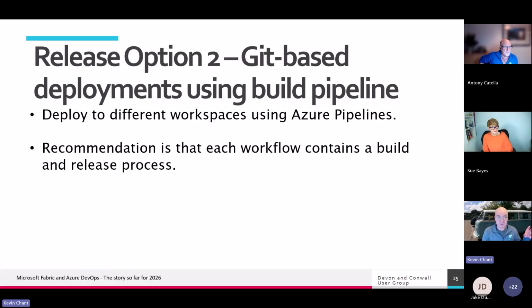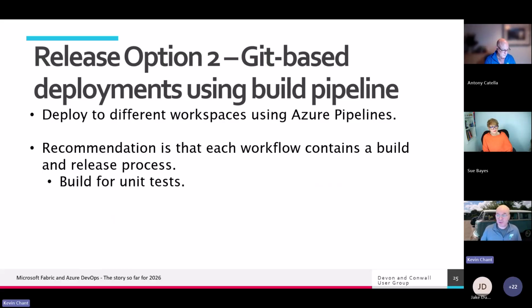One benefit of doing this is that you don't need to have Git integration configured for your target workspaces. If you want to deploy to dev, test, and production, you'd only need to configure Git integration for your dev workspace, and then use Azure pipelines to look at those items in the development branch and deploy to the other workspaces.